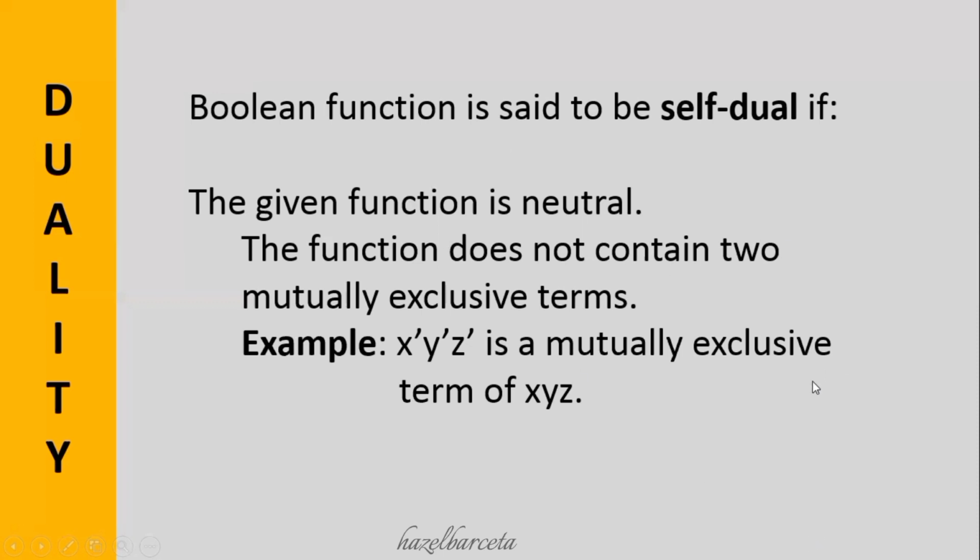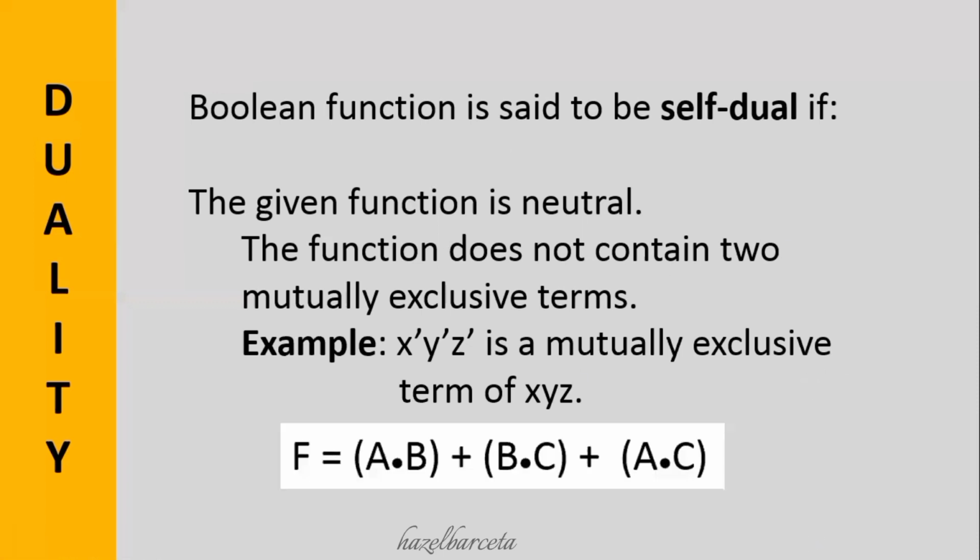Balikan po ulit natin ang ating function. Here. Yes, wala naman po siyang complement and equal naman po yung number ng max terms at min terms. That is why our example is a self-dual and a neutral function. Okay?